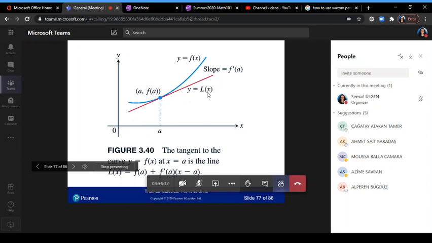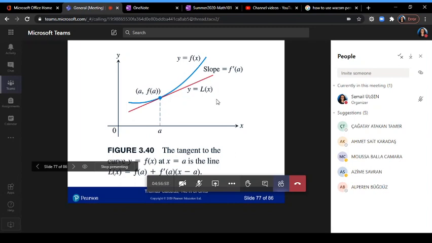Linearization says, don't worry, use the tangent line equation because they are very close to each other. Do you see? This blue one, which is f, and the tangent line, they are very close to each other around a. So instead of using f(x), you can use L(x) around a, very close to a.